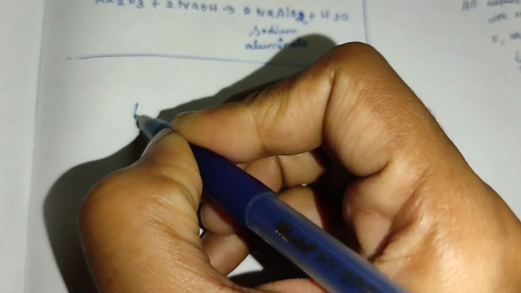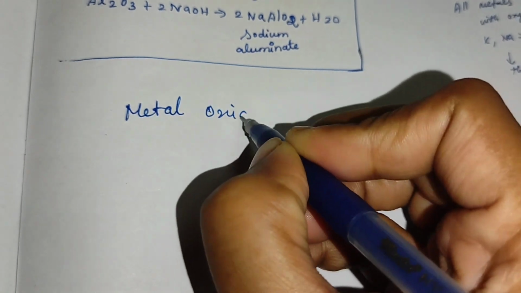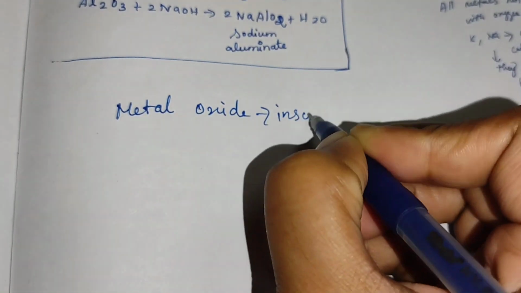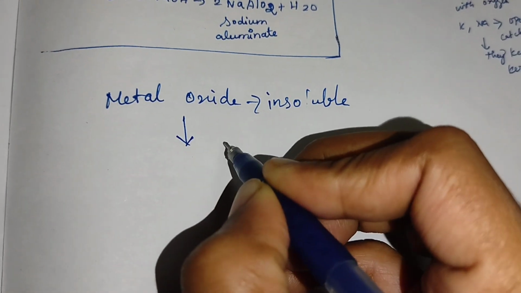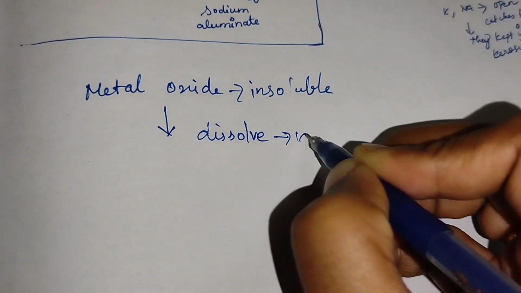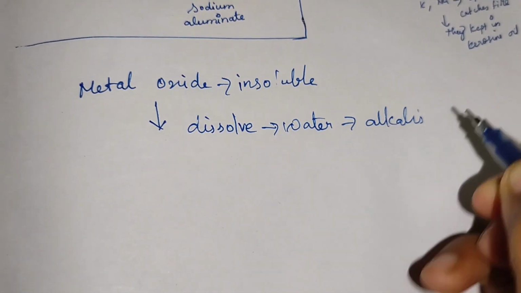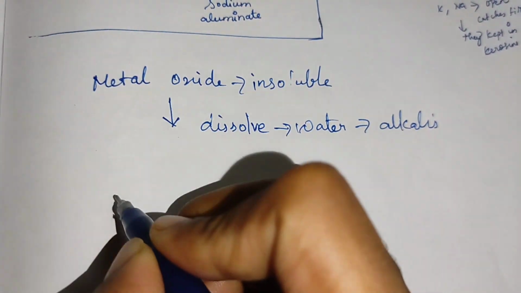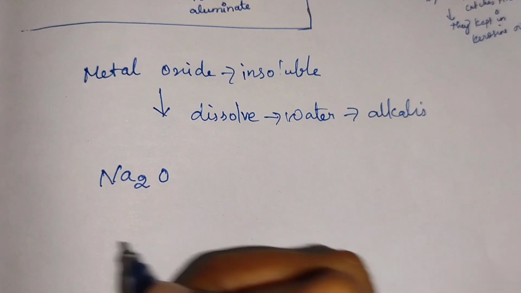Usually the metal oxides are insoluble in water. But some of the metal oxides will dissolve in water to give alkalis. Some of the metal oxides, for example, sodium oxide. What is the formula for sodium oxide? Na2O.